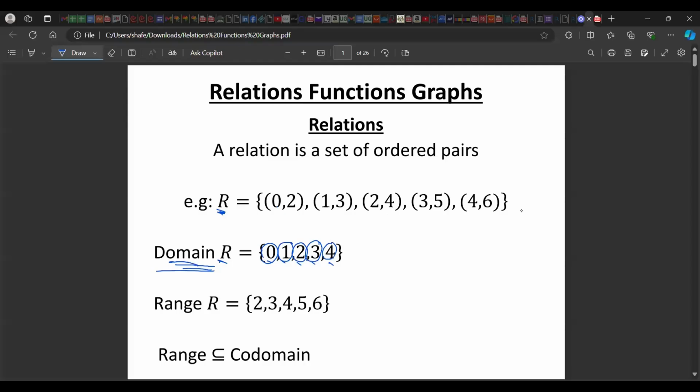So these first numbers there, 0, 1, 2, 3, 4, we'll call them the domain. You can think of those as the input into the relation or the function.